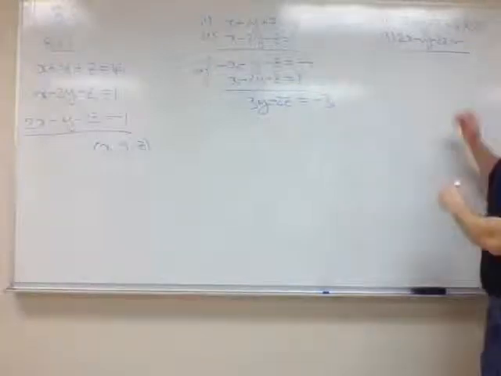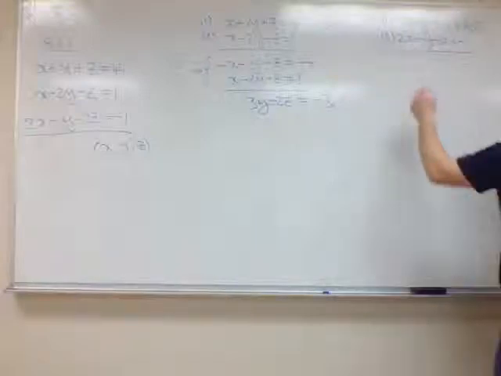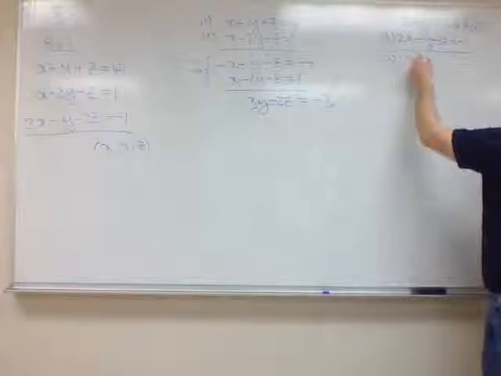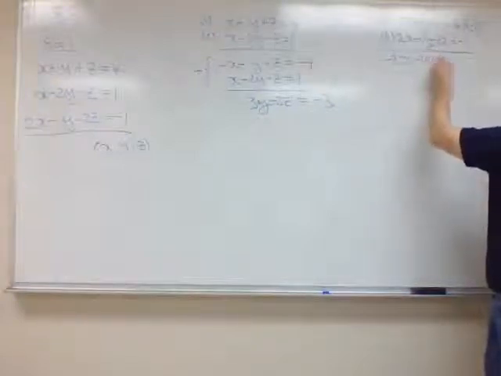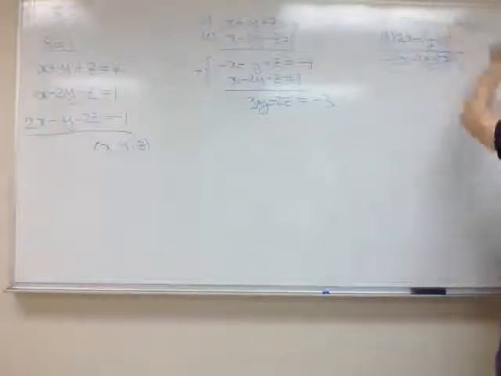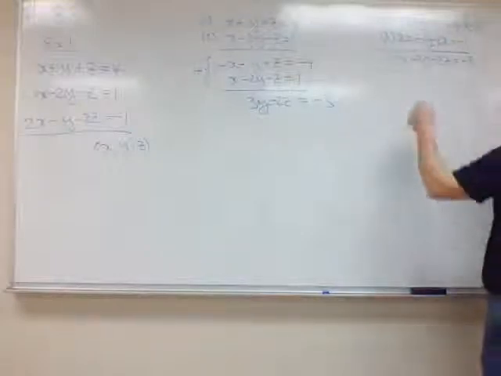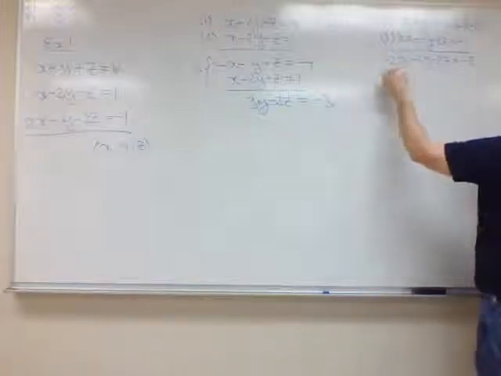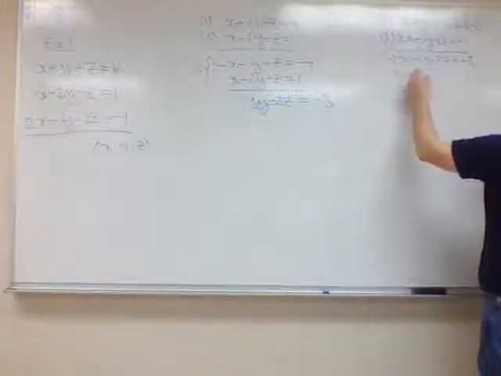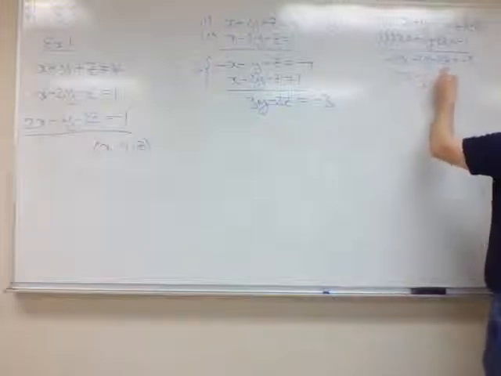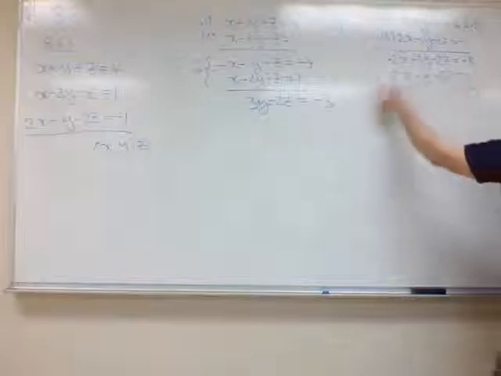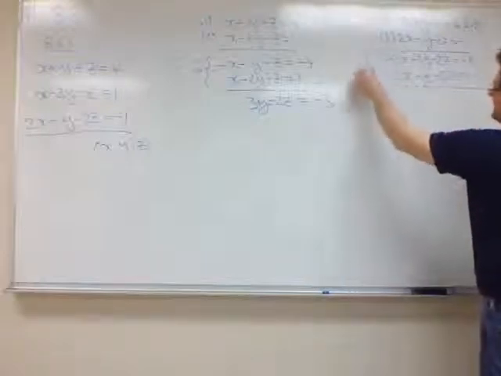I multiply the first equation by -2, and I get minus 2x minus 2y minus 2z equals 4 times negative 2, which is negative 8. And I again copy the third equation over there: 2x minus y minus 2z equals negative 1. Okay? Now we add up.